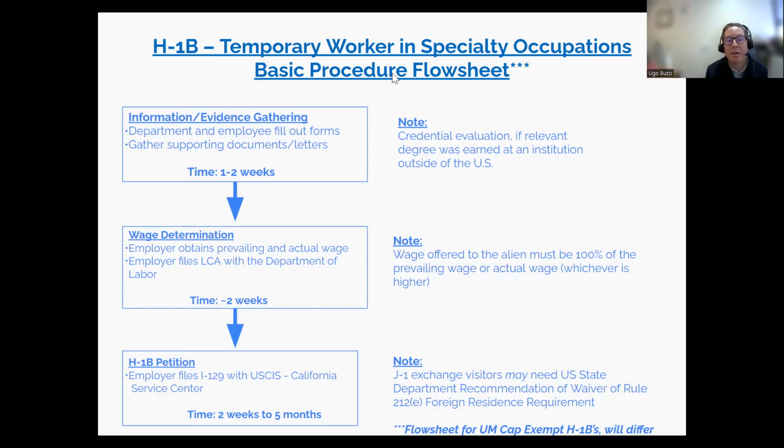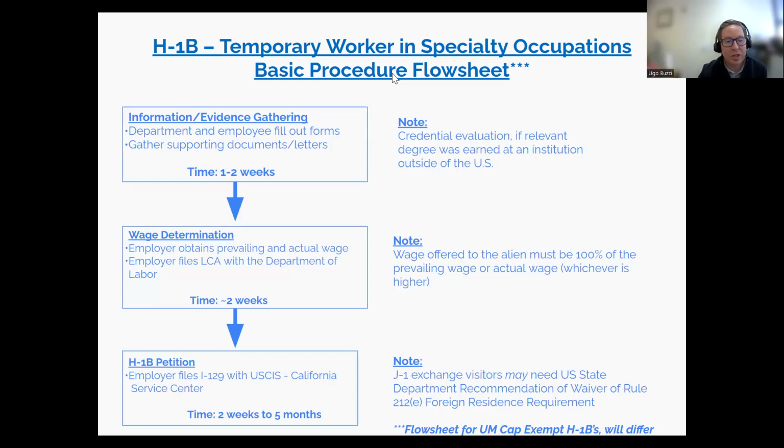Then the application would enter the H-1B lottery, and if selected, it would then be reviewed substantively to see if it qualifies for an H-1B. If it's not selected in the lottery, then you can't have an H-1B for that position for that fiscal year. They have to wait till the next April when the cap window opens up again. That's the general description and the separation between the two.